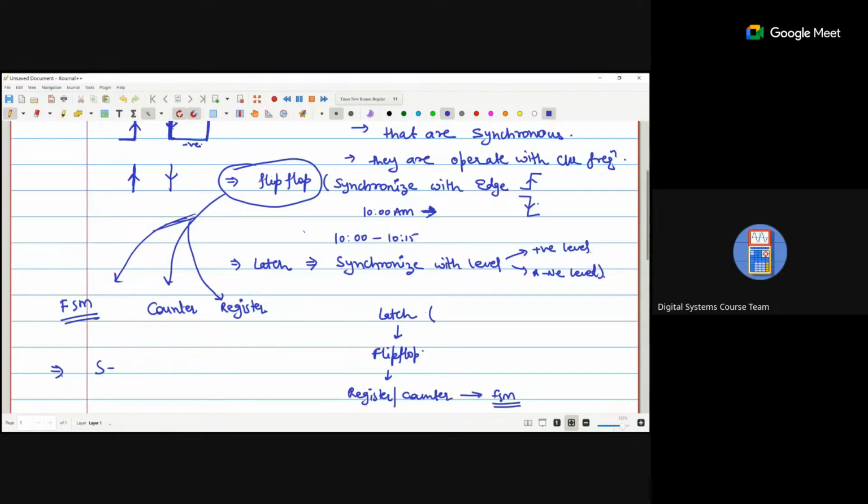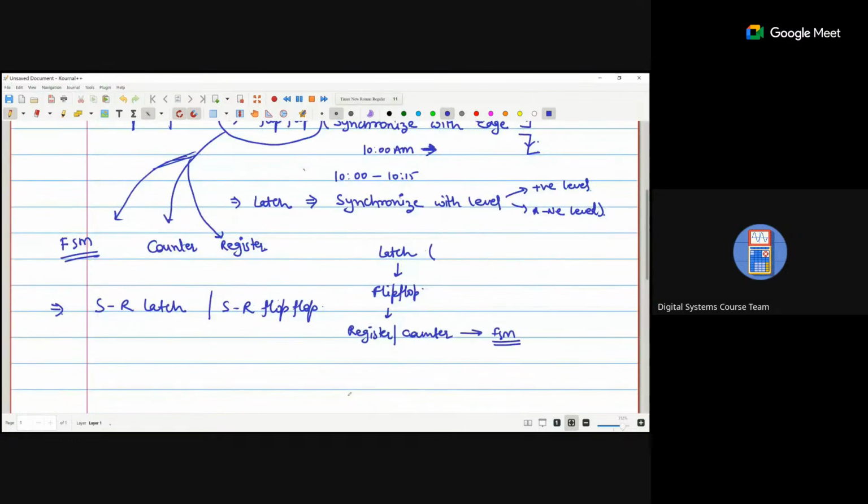One is the SR latch or SR flip-flop. Then the JK latch and JK flip-flop also. Then the T latch or T flip-flop, then the D latch or D flip-flop.